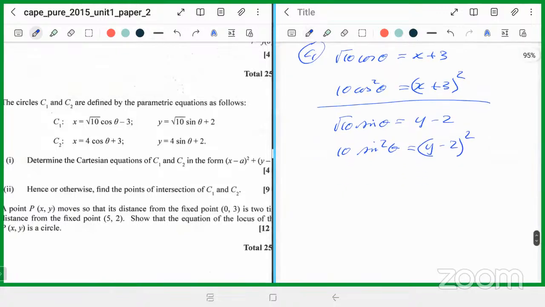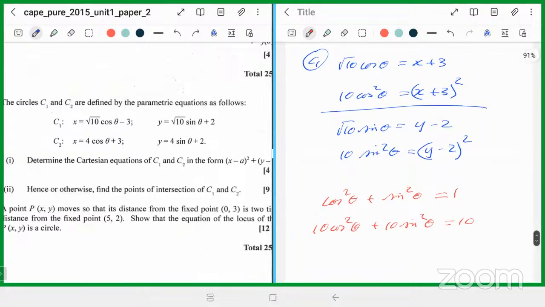But now remember this: cos squared theta plus sine squared theta is equal to 1. So multiply this by 10, then I get 10 cos squared theta plus 10 sine squared theta is equal to 10. So this I can replace here with this. Similarly, this can come here.